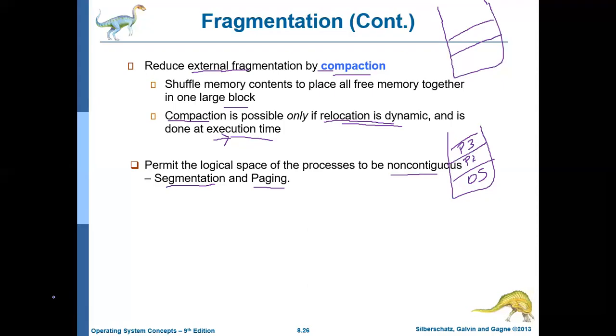If binding is done at compile time or at load time, then compaction is not possible. There is another way to avoid compaction, that is by allowing the process to be allocated in memory in a non-contiguous style. Under that we'll be discussing two techniques, which are segmentation and paging. So that's what the rest of the topic will be.